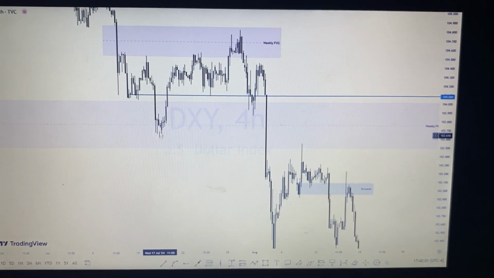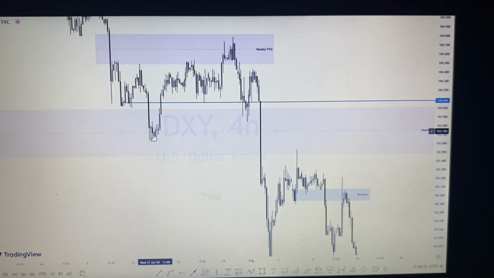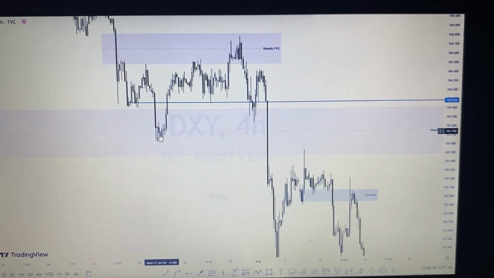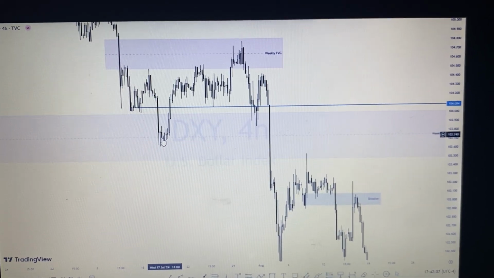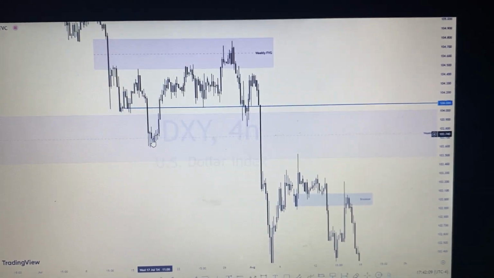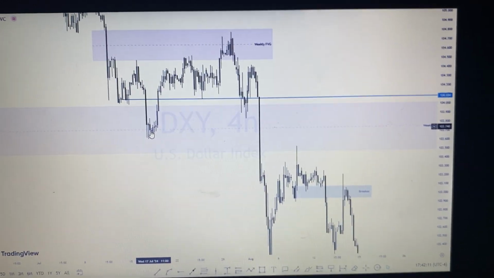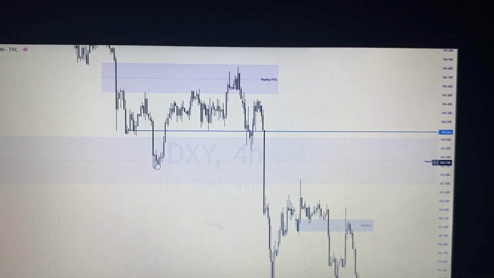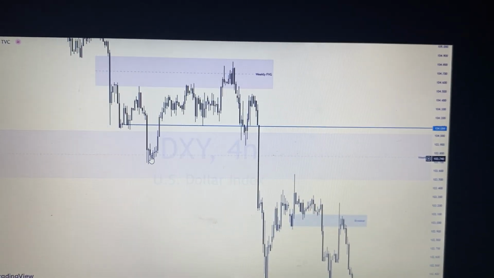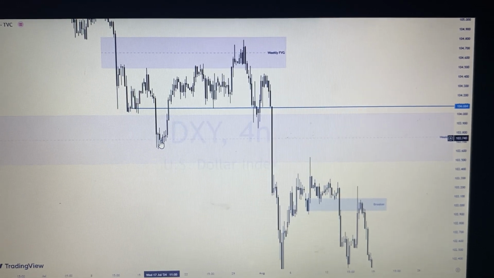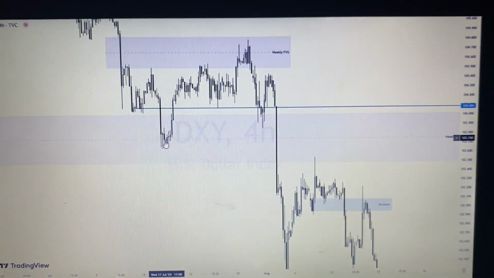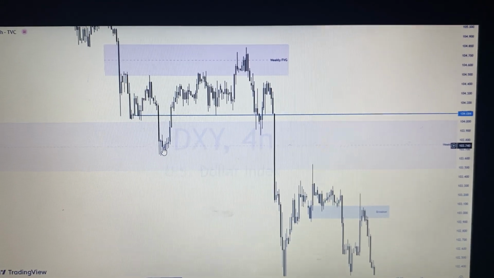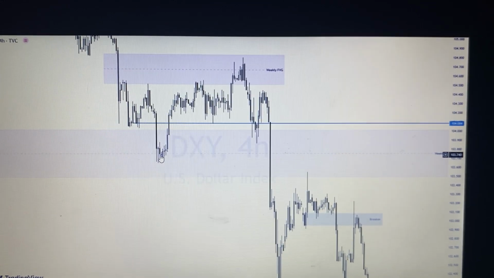So you wake up, we are here. Already you are bullish. Why are we bullish? Because price has tapped into a weekly bullish fair value gap. That's how you must get your daily bias. We tapped into a weekly fair value gap that is bullish.